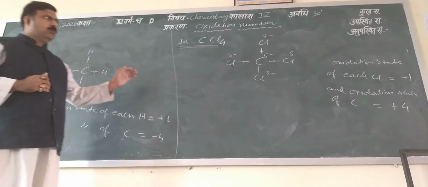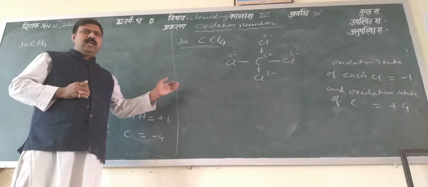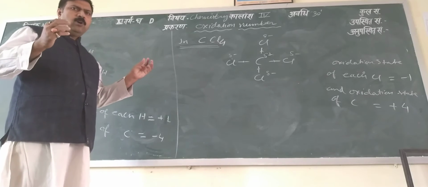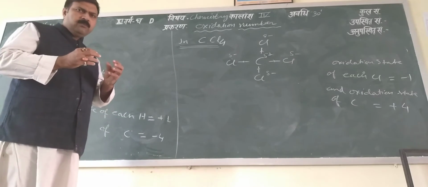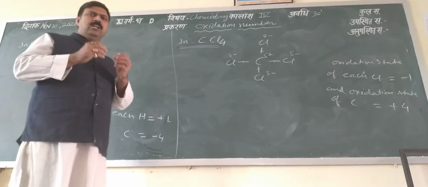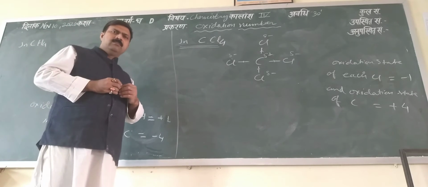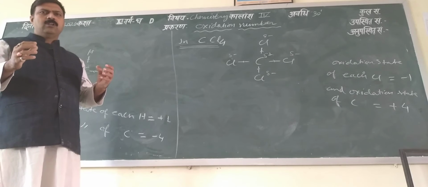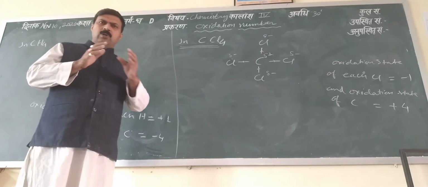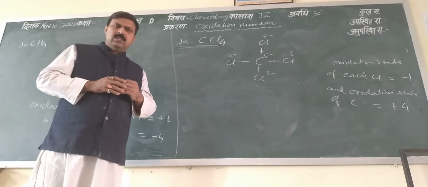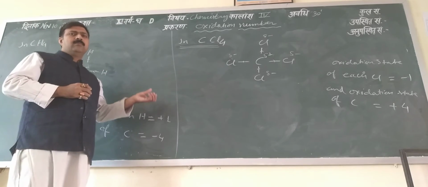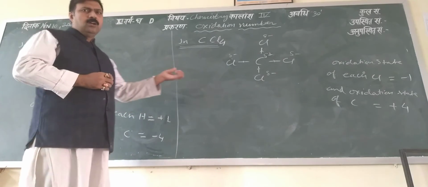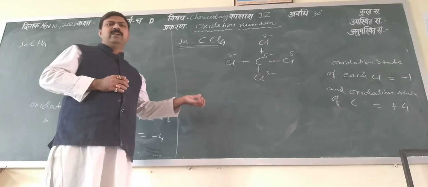According to the first rule, we assume that if the bond is shared between two atoms which have equal electronegativity, then the shared electrons will be equally shared between both atoms, and in this case the oxidation number of each atom will be 0.